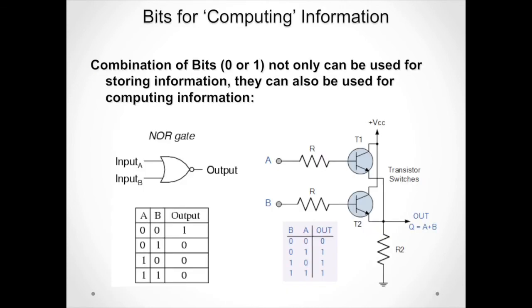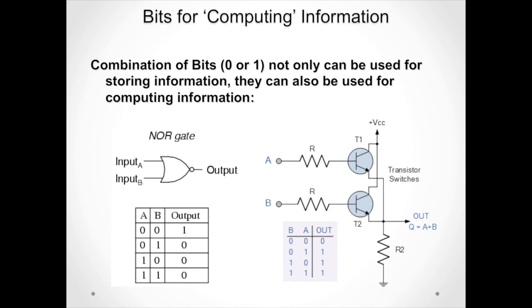So we've reached the end of our lecture, and the next one in line after this video is bits for computing information. So far we've seen how we can use a binary system with 8 bits or more or less to store data, to represent a unit of information.